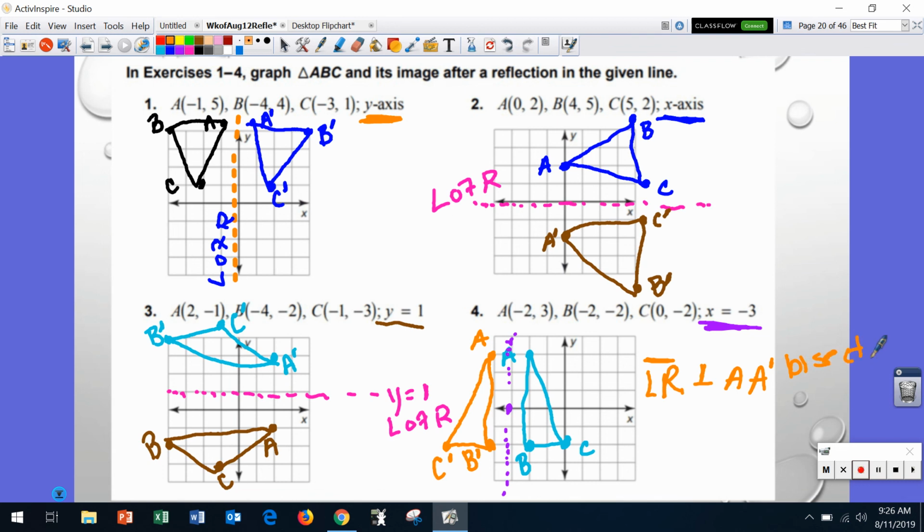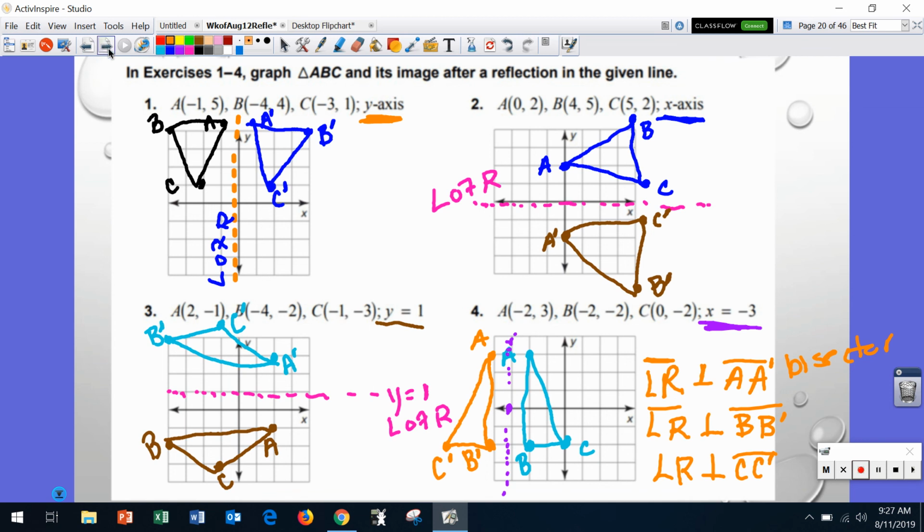That means this line crosses line segment A prime here, and it splits the line segment into equal pieces. This is a rule you need to make sure you understand, or at least can recognize that is happening in a reflection. And these are perpendicular bisectors. LR is a perpendicular bisector to A prime, B prime, and C prime.